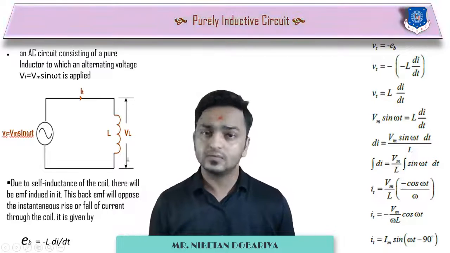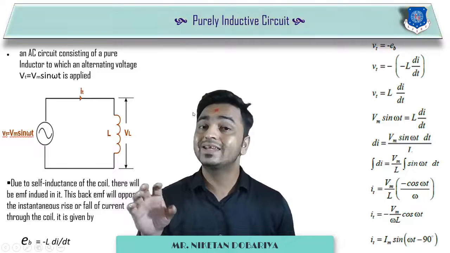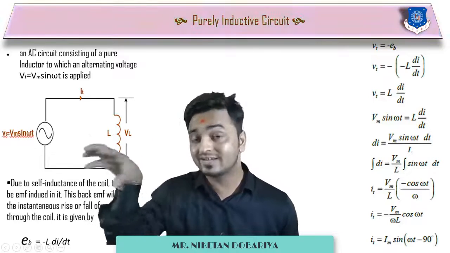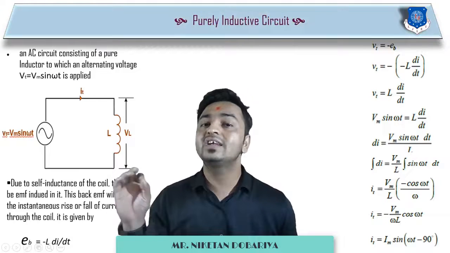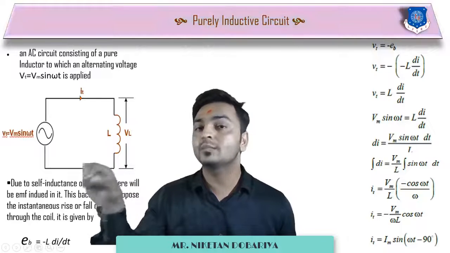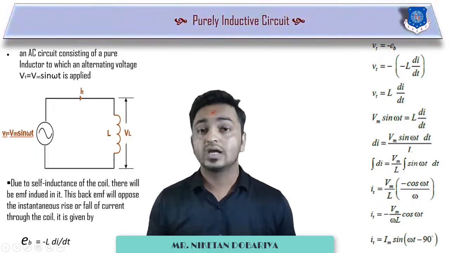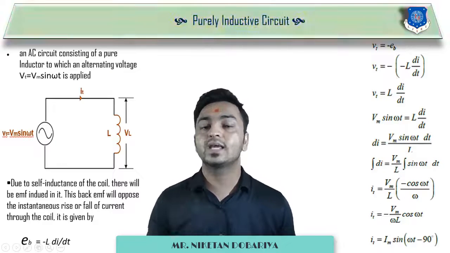That variable flux, linking with the same inductor, will produce voltage in it, that means it will induce EMF in that same inductor, and that induced EMF is also known as back EMF.